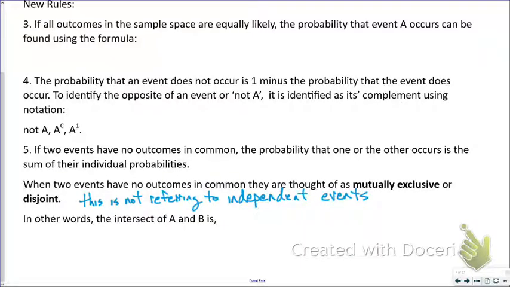So just because two events are mutually exclusive, that is not saying they're independent. It's saying that the intersect of A and B is 0 because they cannot both happen.